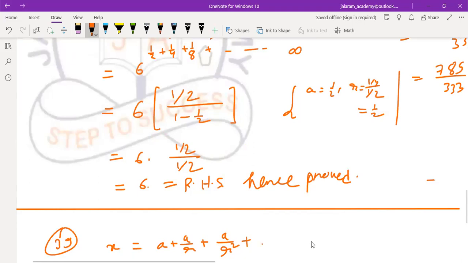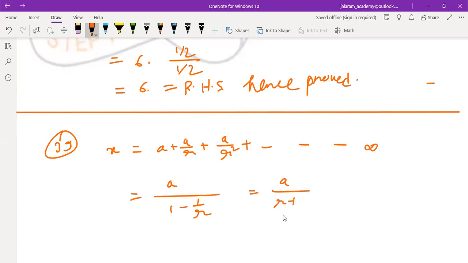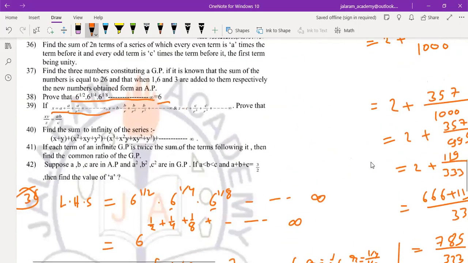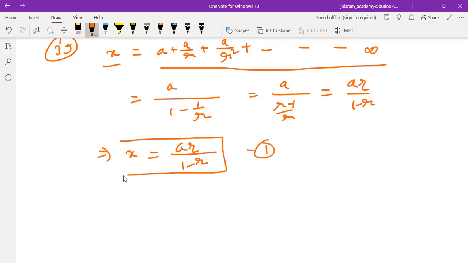Clearly, it's a GP with first term a and common ratio 1 by r, so the sum is a upon 1 minus 1 by r, which equals ar upon r minus 1. So this is the value of x, the sum of the GP a plus a by r plus a by r square and so on up to infinity. Take it as equation number 1.